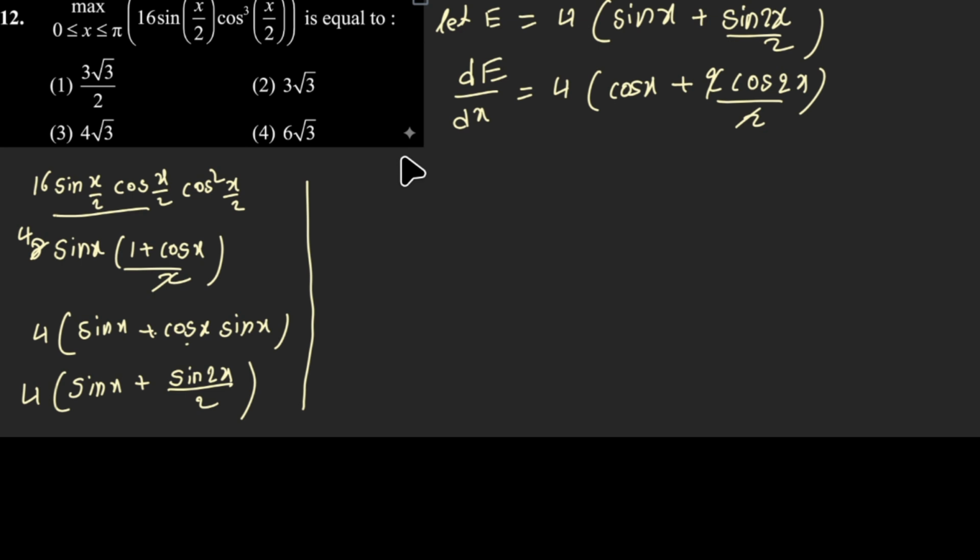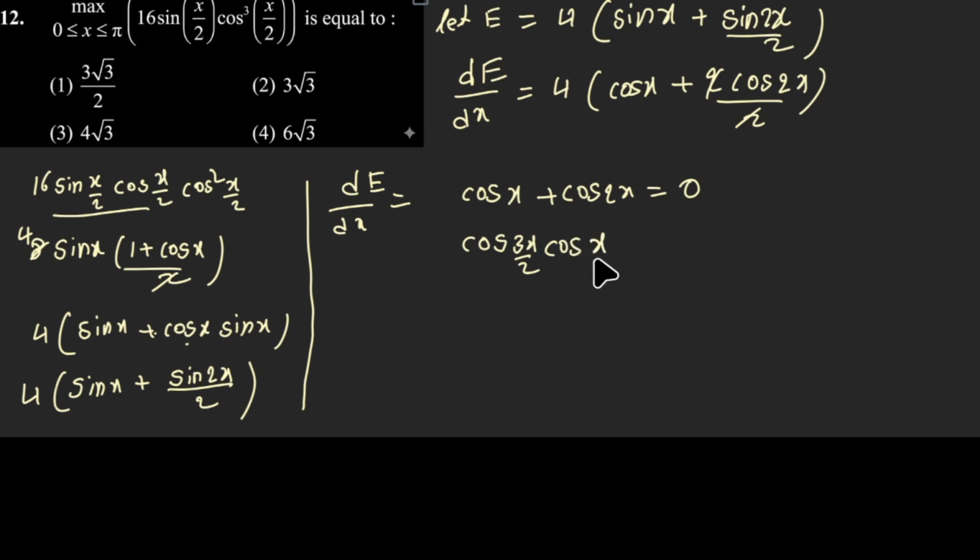So we need to find the critical points. dE by dx is equal to 0. Cos x plus cos 2x is equal to 0. It is the cos c plus cos d formula: x plus 2x by 2, 3x by 2, cos x by 2, 2x minus x, x by 2.